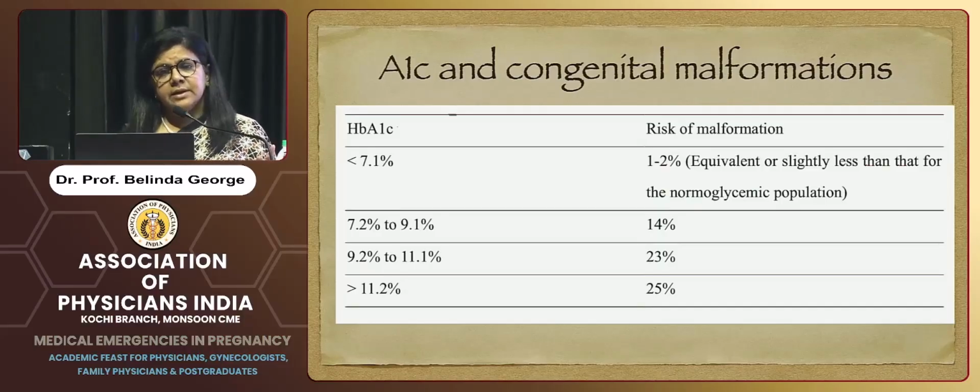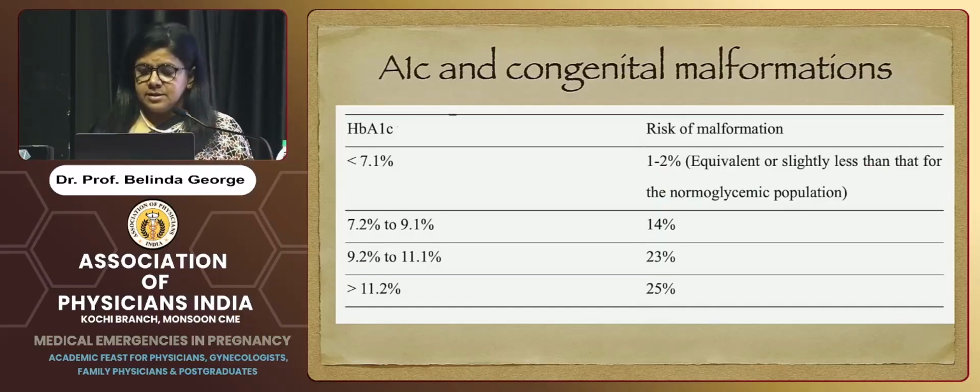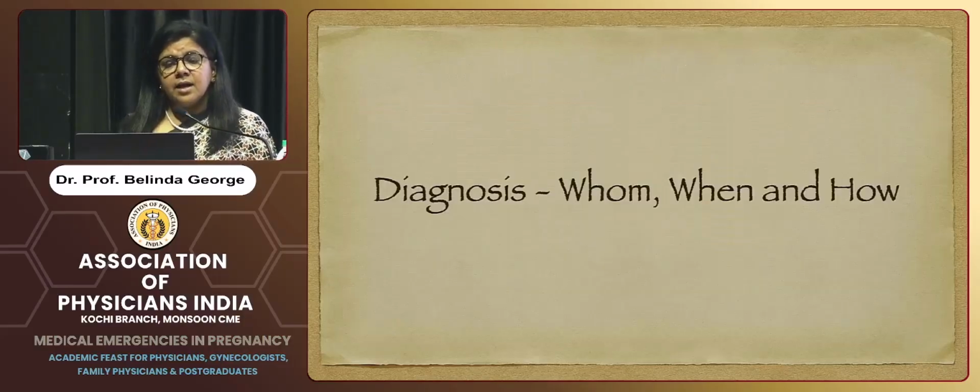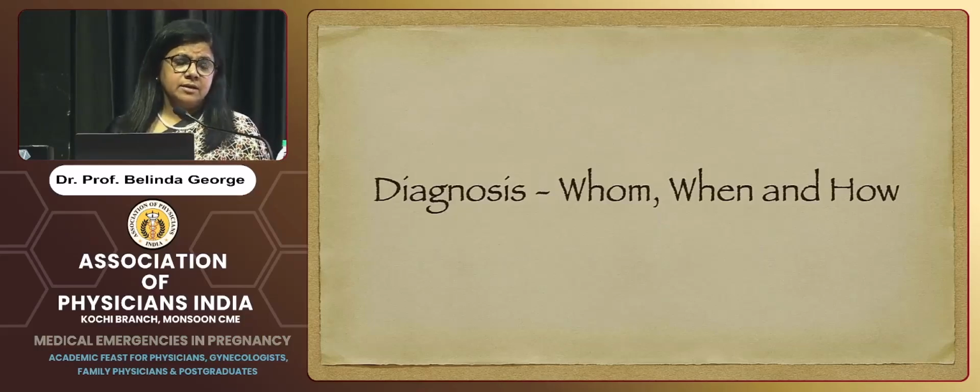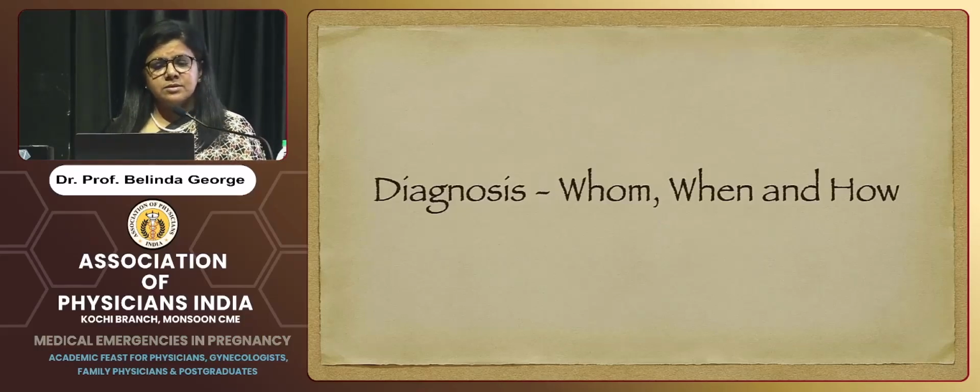If possible, get it as close to or as low as 6.5. If not, at least 7, or highest maybe 7.5, because you can see in that range there is not much high risk of teratogenicity.